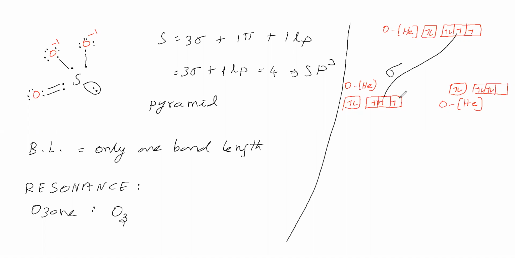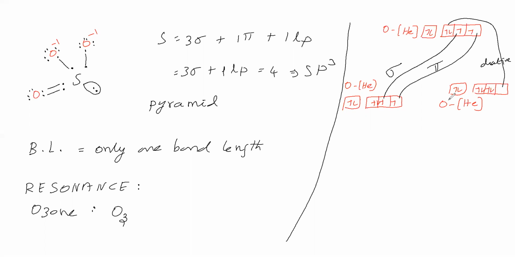This oxygen's unpaired electron and this oxygen's unpaired electron go for pi bonding. Next, this oxygen's electron pair and this oxygen's vacant orbital go for dative bonding.